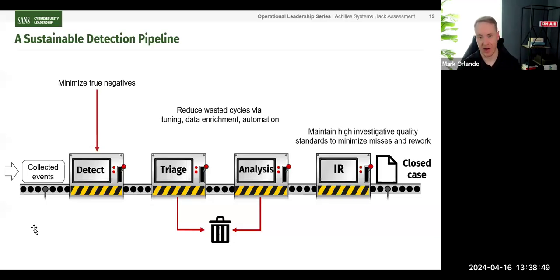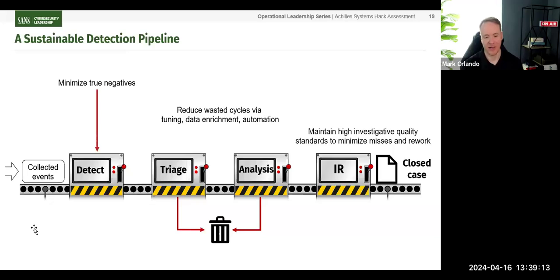Missing important evidence or key details, misclassifying an incident, rework where we have to open a case up and go through it again because it wasn't done correctly the first time, right? So think about this in terms of lean manufacturing. We want to minimize waste, minimize wasted time, right? Minimize rework, keep quality high.